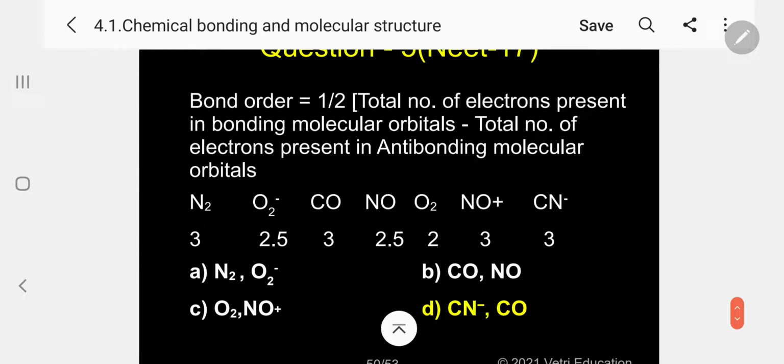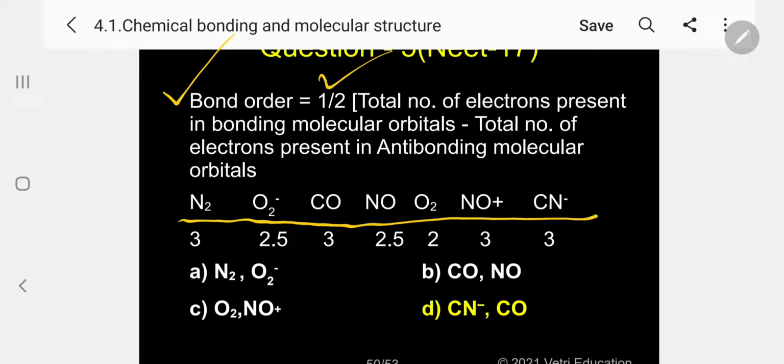Bond order equals half times the total number of electrons in bonding molecular orbitals minus the total number of electrons in anti-bonding molecular orbitals. Here I have calculated the values. Kindly follow.